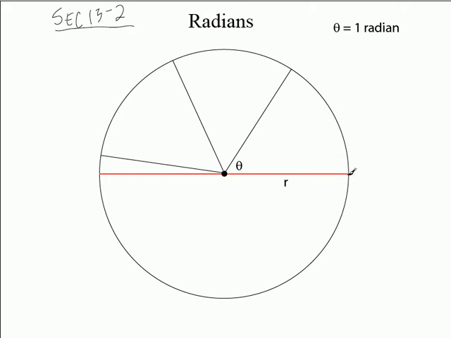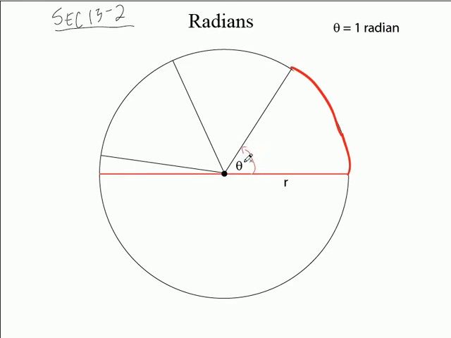It's not going to look very pretty, but you get the idea. The curved part and this distance are exactly the same, so the angle that's formed is 1 radian.